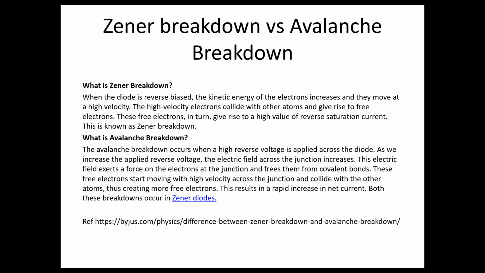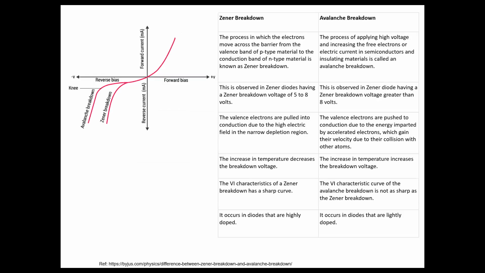The conduction happens because of these free electrons. We call this avalanche breakdown. These are the two characteristics of the two breakdowns, and both are used in the reverse biased region.